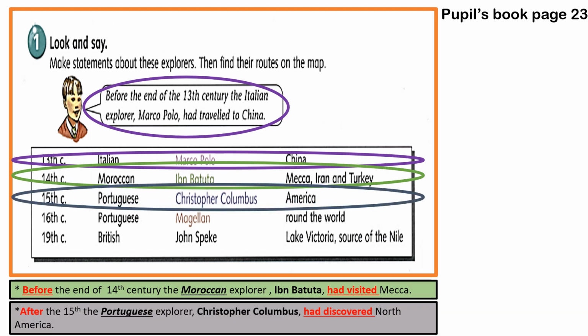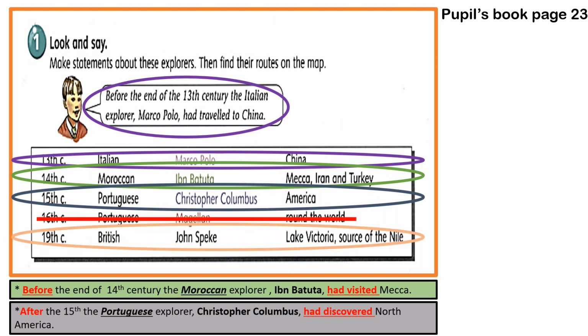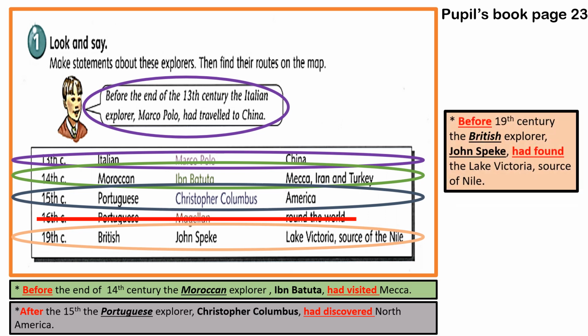After the 15th century, the Portuguese explorer Christopher Columbus had discovered North America. And before the 19th century, the British explorer John Speke had found Lake Victoria, the source of the Nile.